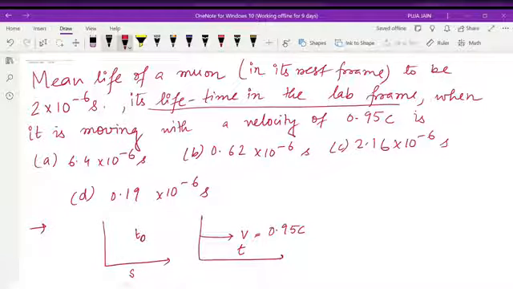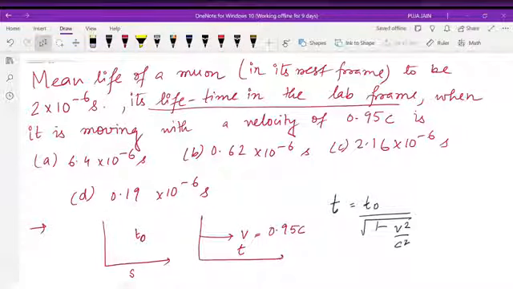Basically we need to find t. So our formula is T equals T naught by root 1 minus v square by c square, where T naught is the lifetime in the rest frame, that is in the S frame.